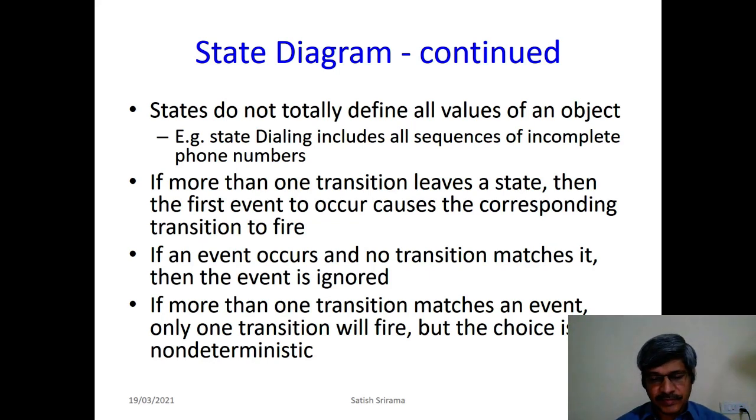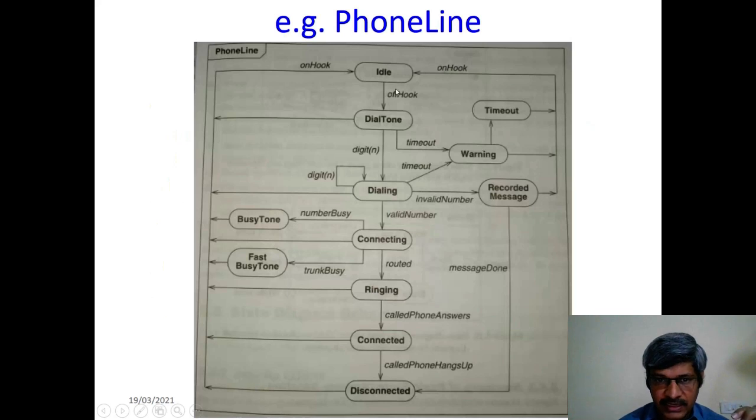For example, if we go back and look at this one, this dialing state includes all sequences of incomplete phone numbers. Say, if it is India and we are dialing a mobile number, until you press 10 digits you will still be in the loop, and you have several numbers which are not completely valid numbers, but you are still in the dialing state.